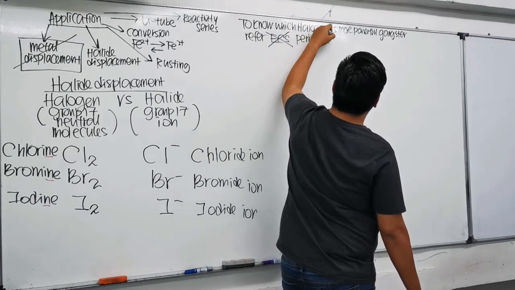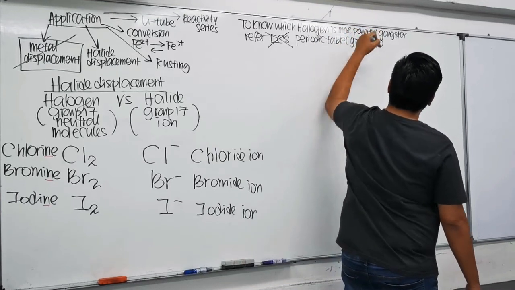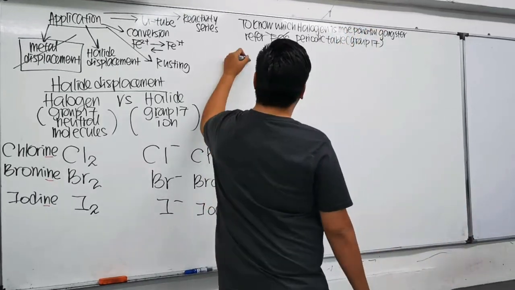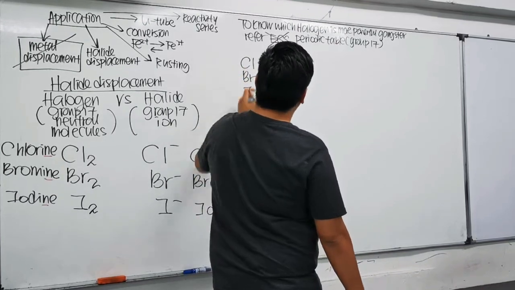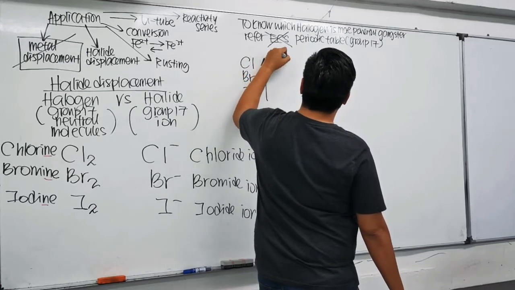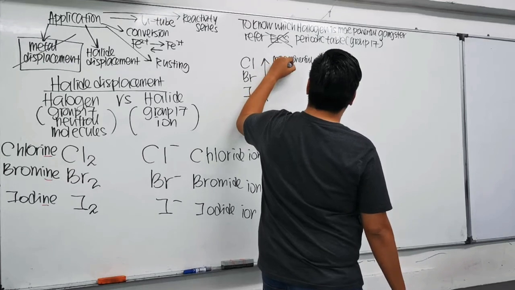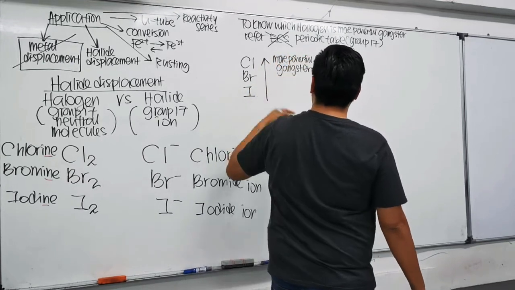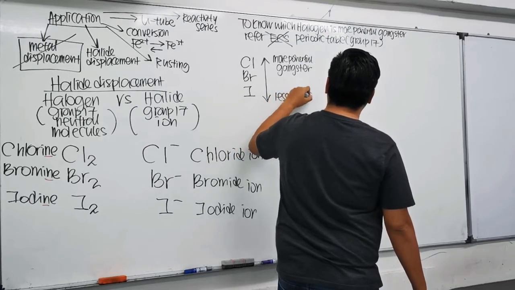You just refer to your group 17, which is something like this: chlorine, bromine, iodine. This is your group 17. The higher you are in the group 17 table, the more powerful a gangster you are. The lower you are, the less powerful a gangster.